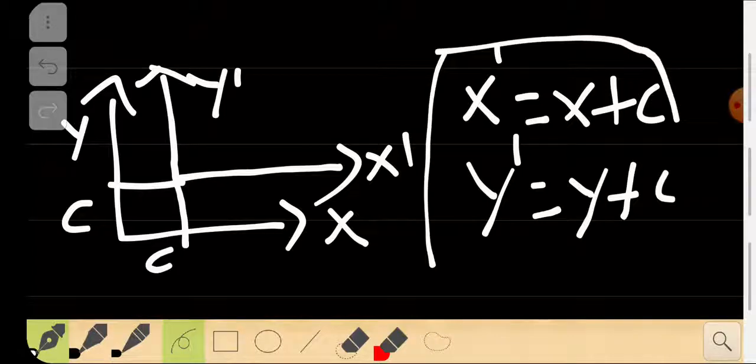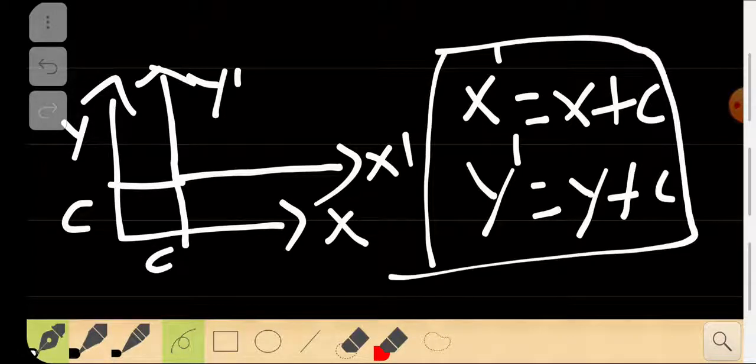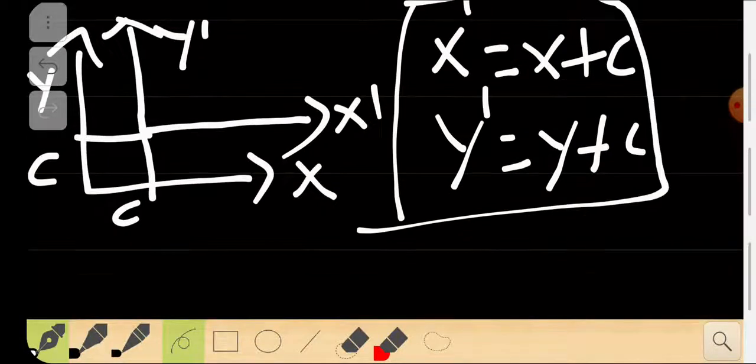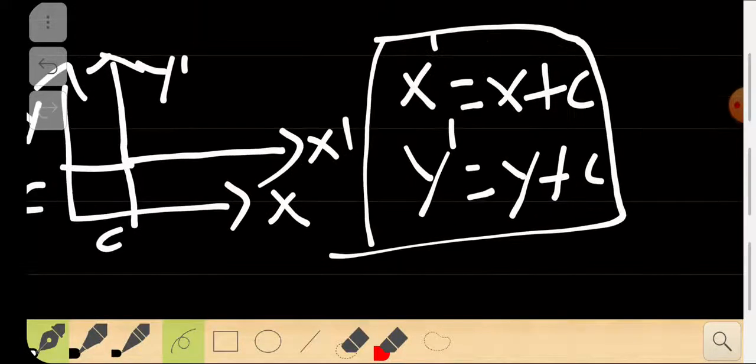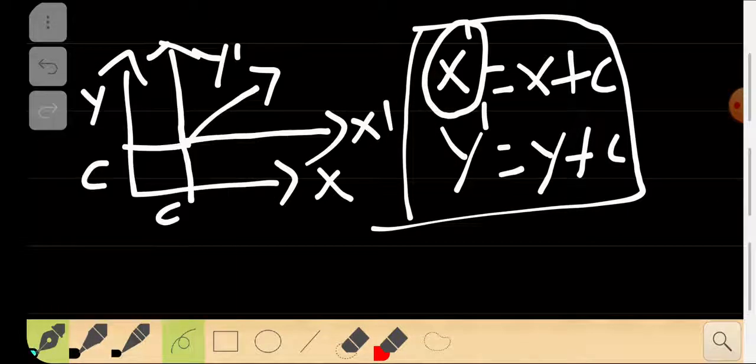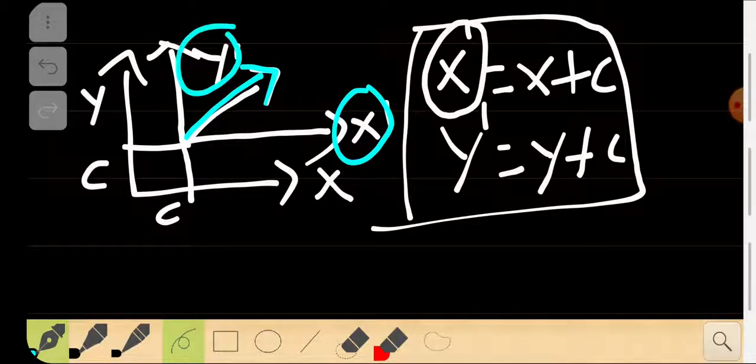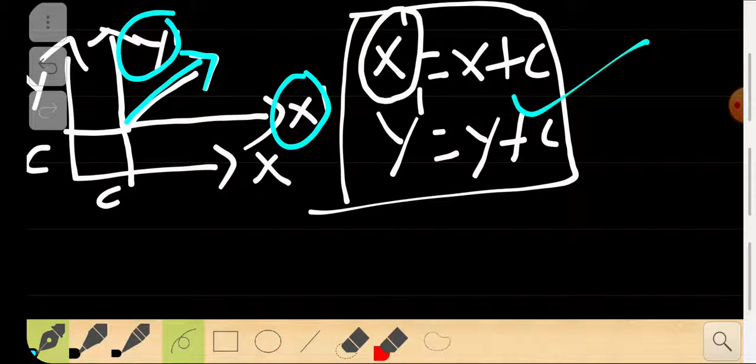That's how you transform a coordinate. That's a basic transformation. All you have to do is find the coordinates of the given vector in the x dash and y dash coordinate system, find out what the value is, and substitute it into this equation, and you get the coordinates of the vector in terms of x and y. So all you need to do is that transformation.